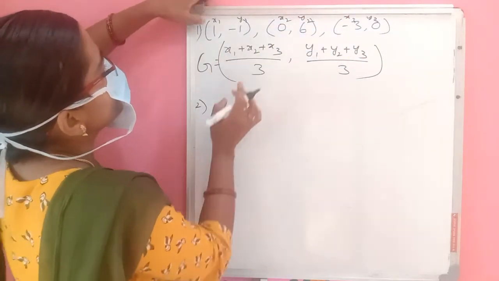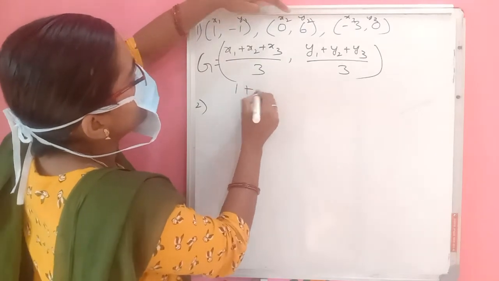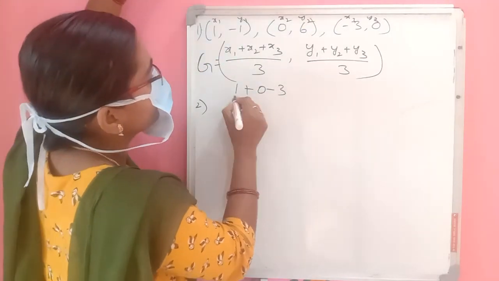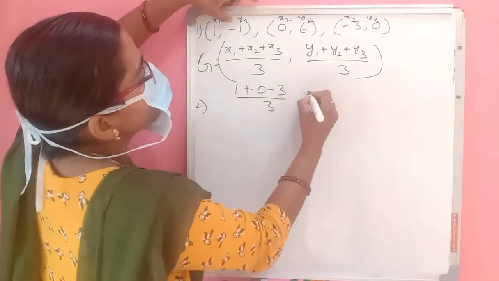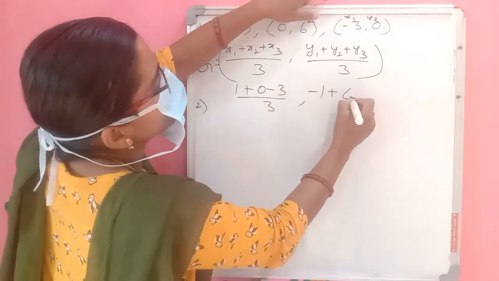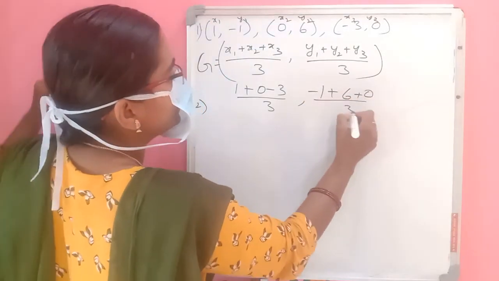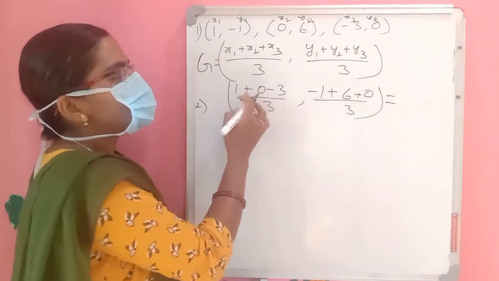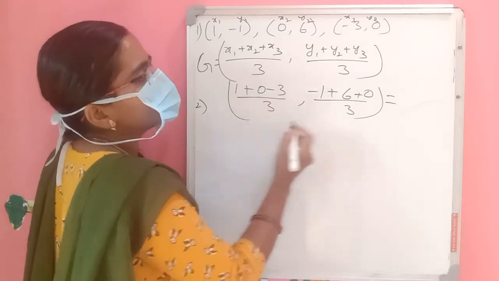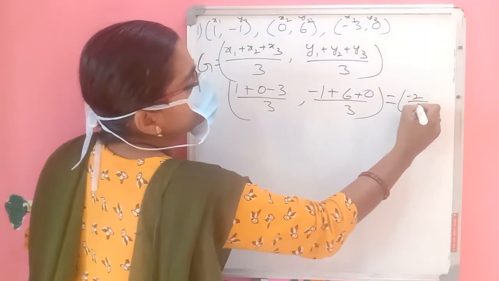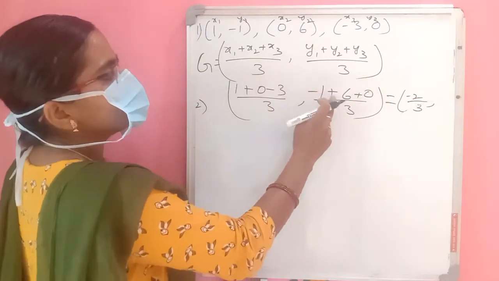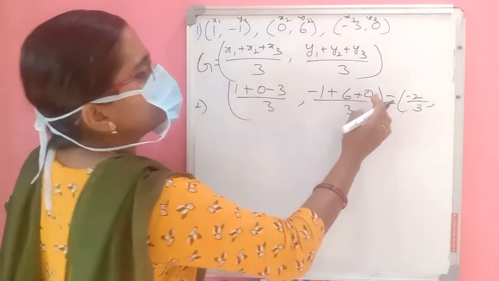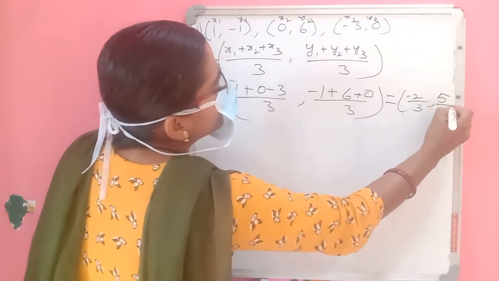So x is (1 plus 0 plus minus 3) by 3, and y is (minus 1 plus 6 plus 0) by 3. 1 plus 0 is 1, 1 minus 3 is minus 2, so minus 2 by 3, comma. Minus 1 plus 6 is 5, 5 plus 0 is 5, so 5 by 3.